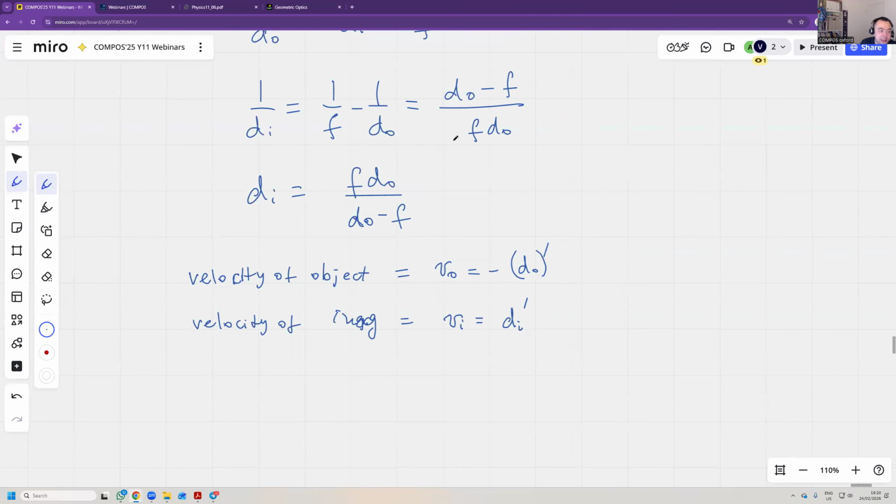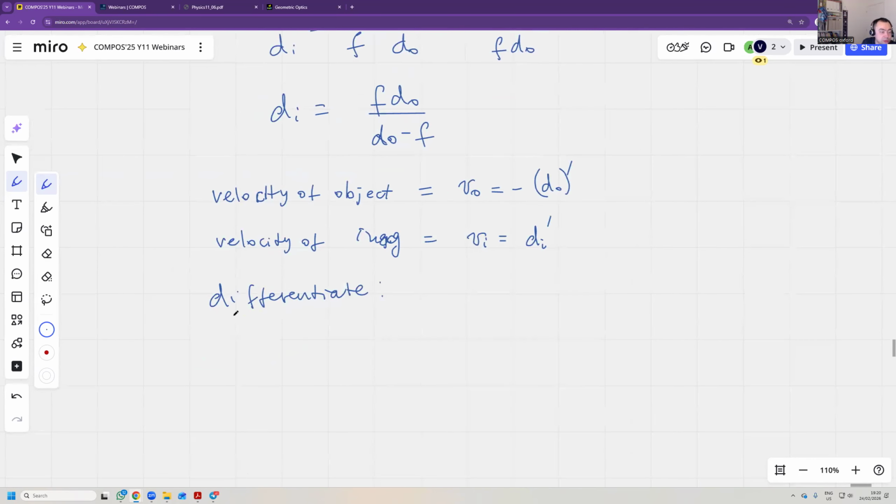So what I need to do is differentiate the expression. I think I need to use the quotient rule.